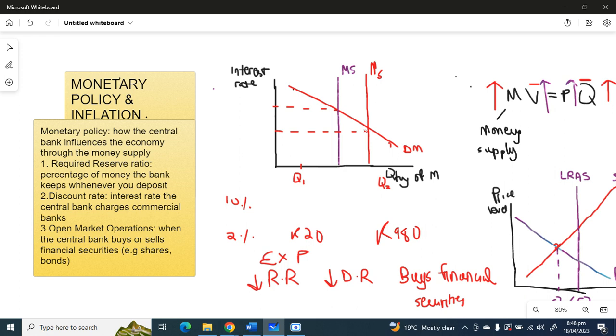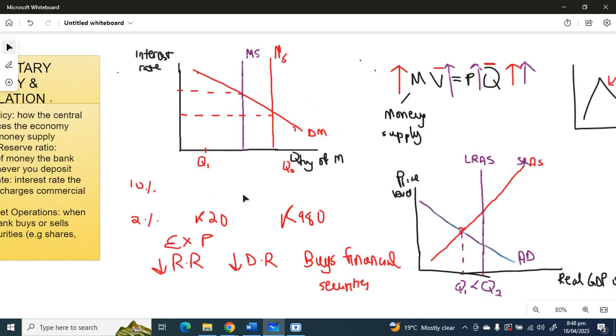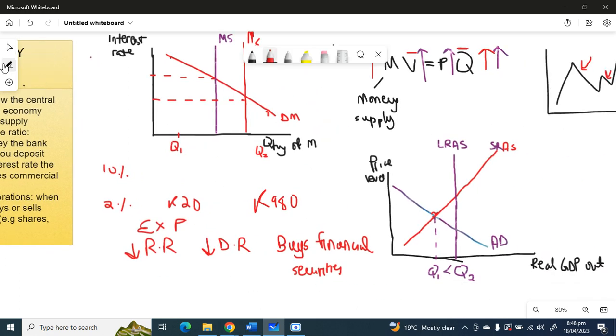When we translate this to our aggregate supply, aggregate demand graph, if we remember the shifters of aggregate demand, they are consumption spending by us, the consumers, investment spending by the businesses, government spending by government, and net exports. Any increase in any of these four variables, aggregate demand increases.